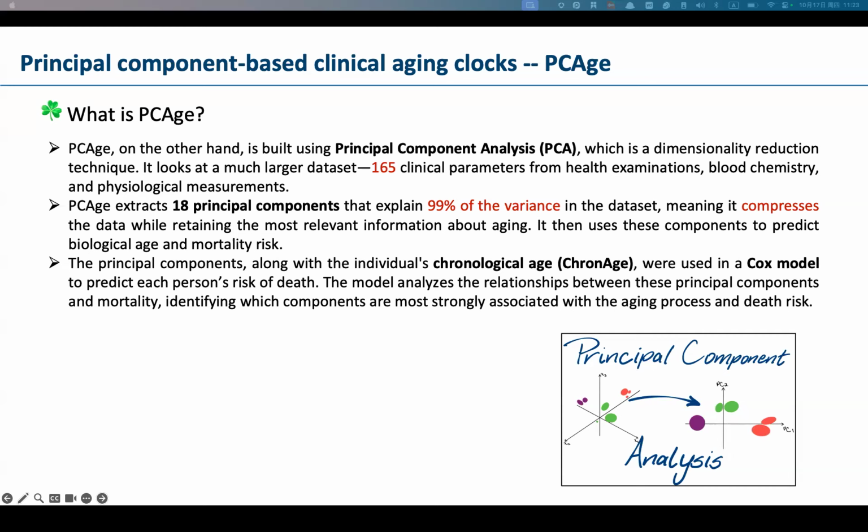When they are plotting, the x-axis is CA and the y-axis is a single scalar value, right? They use 18 parameters to train the Cox model. So chronological age is not in the principal components, right? He uses it in the Cox model along with the components.